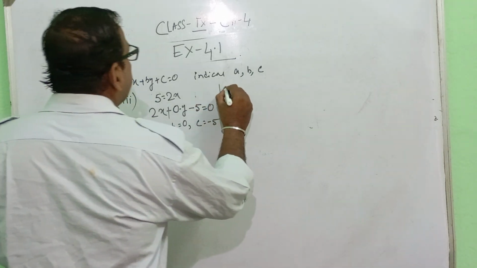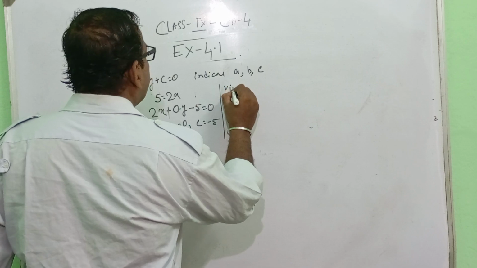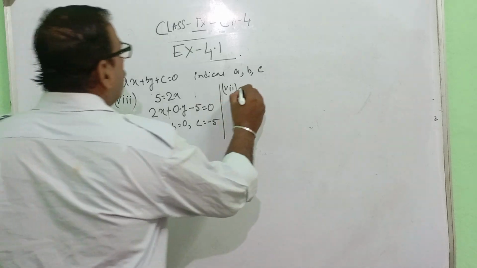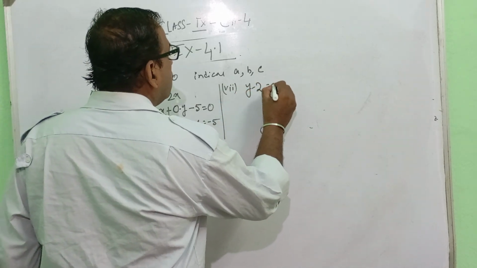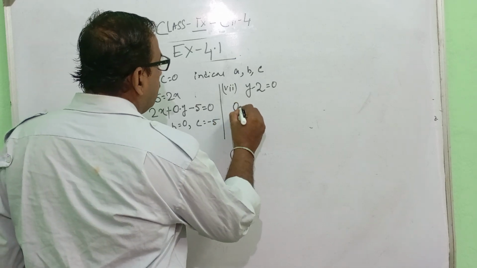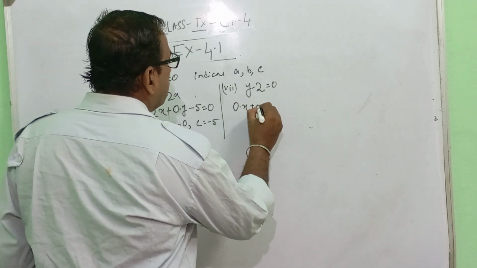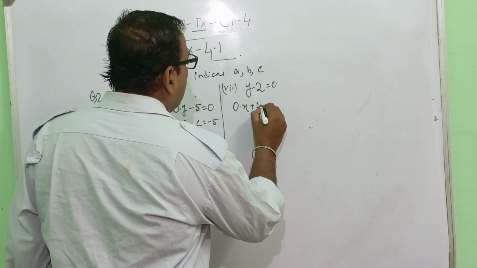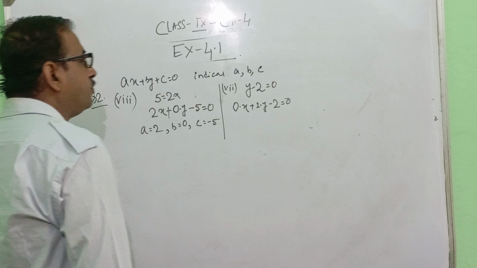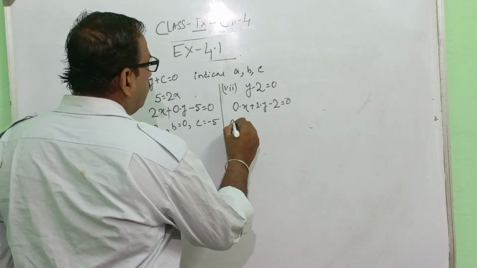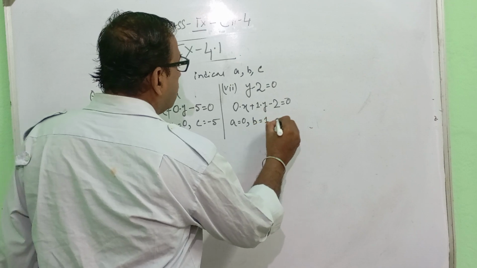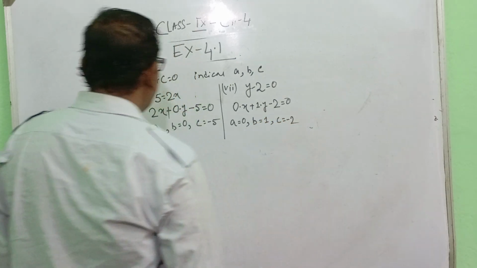Question number 7. y minus 2 is equal to 0. So how can we write that? 0 into x plus 1 into y minus 2 is equal to 0. Now a is equal to 0, b is equal to 1, c is equal to minus 2.